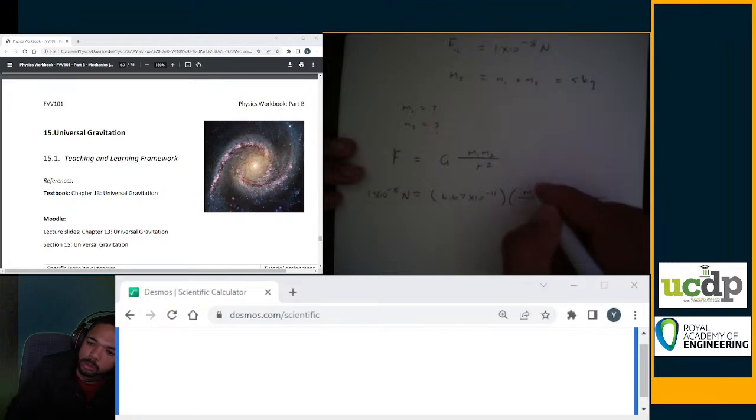But M2 plus M1 should equal 5 kilograms, which means that M2 is equal to 5 kilograms subtracted by M1.